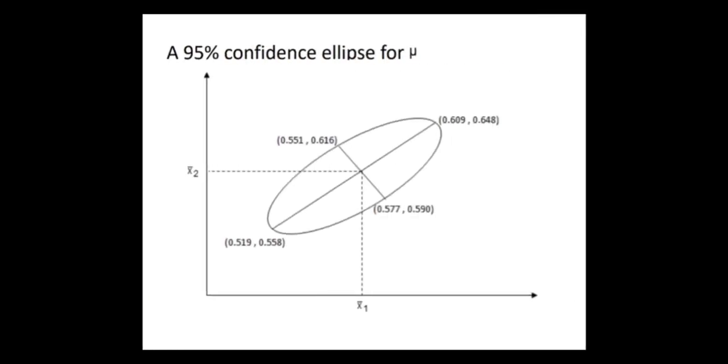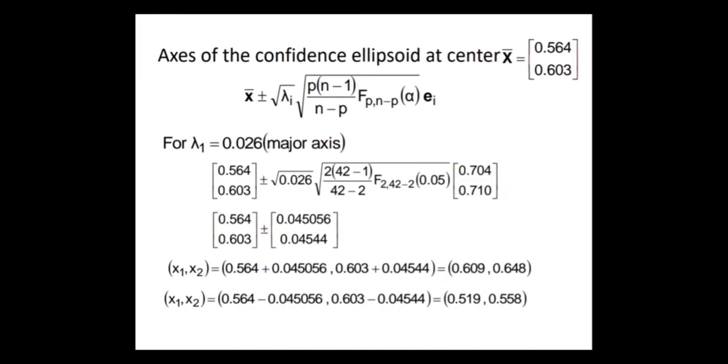Okay, let's see how we use the formula. So let's say the center of x bar, using the same example as before. The mean matrix is 0.564 and 0.603 at the center. So we want to know the coordinates of the major axis and also the minor axis.